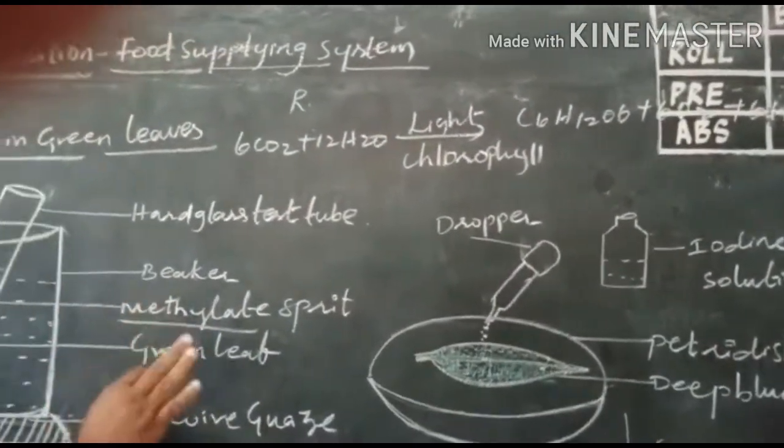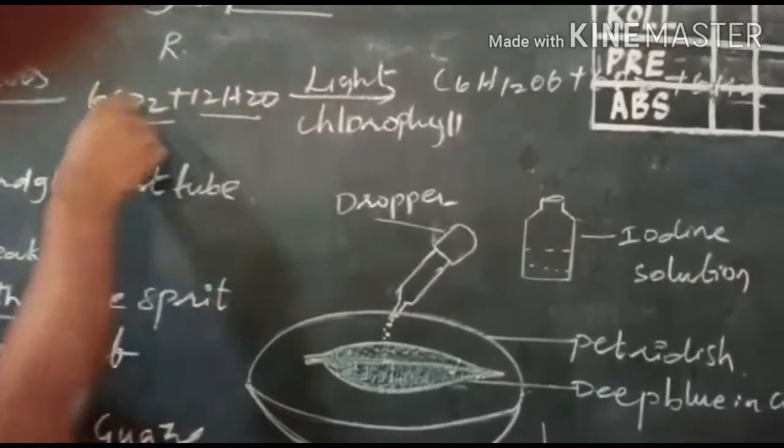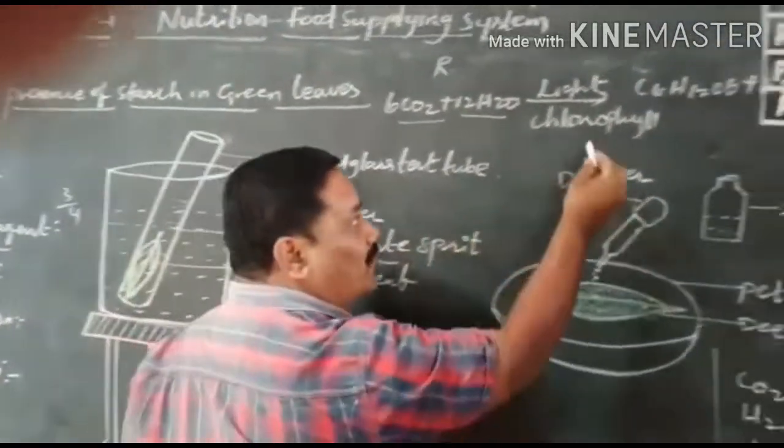What is the requirement of photosynthesis? Carbon dioxide and water are the requirement of photosynthesis. What is the end product of photosynthesis?